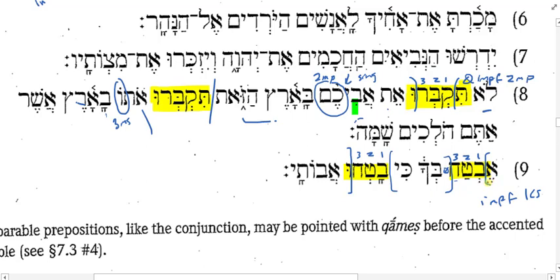I will trust. I will trust in who? The ka is a pronoun. It's 2ms. I will trust in you, singular, masculine. I will trust in you. One person, you. Okay?